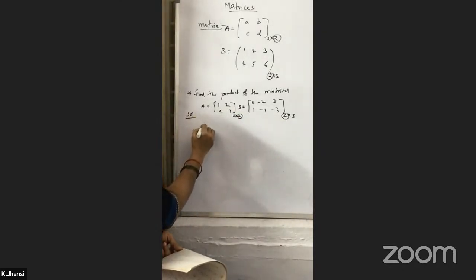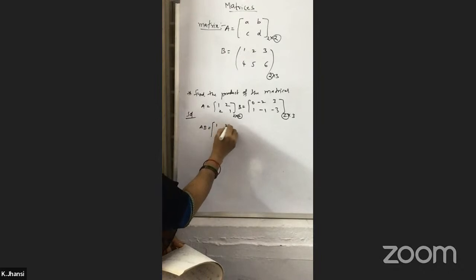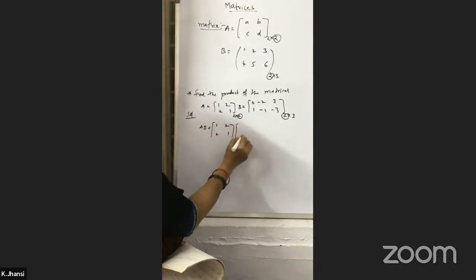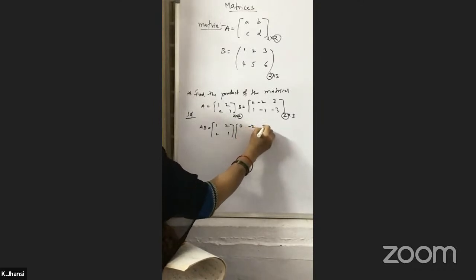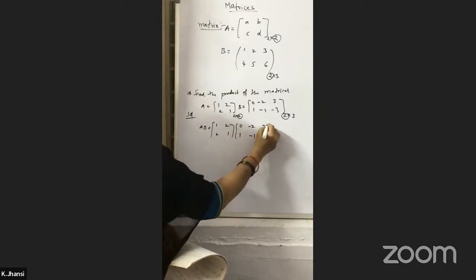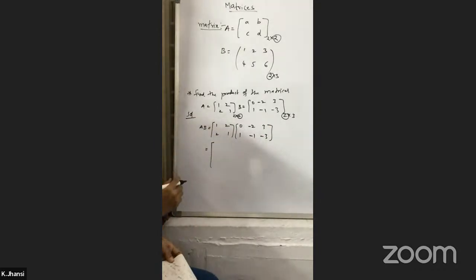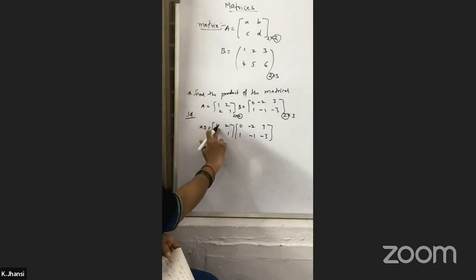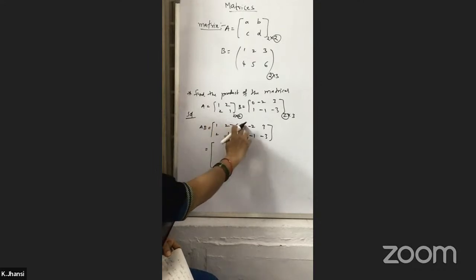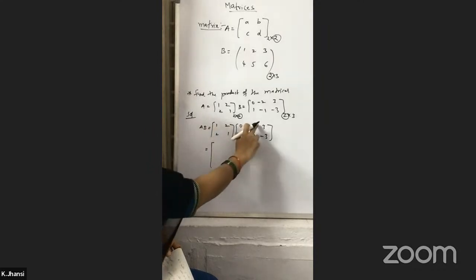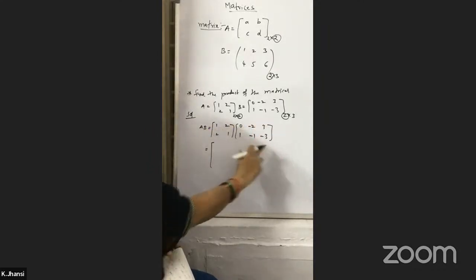So now we can find the multiplication. We write AB as matrix A, 2, 1, and then matrix B, 0, minus 2, 3, 1, minus 1, minus 3. How to do the multiplication: the first row, first element into the first column, then the first row, second element into the first column, and so on: first row first column, first row second column, first row third column.